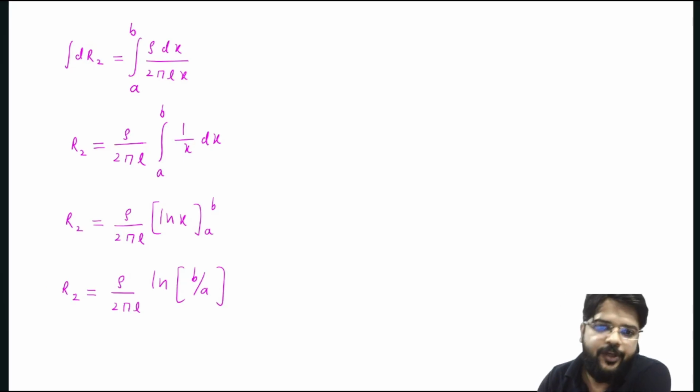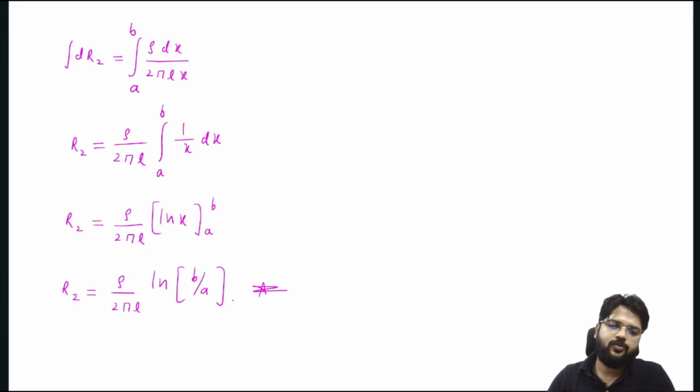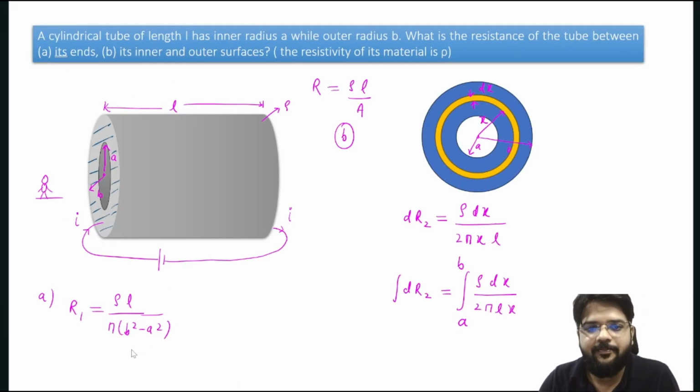Correct? If we put the limit, we will get log b minus log a, and log b minus log a can be written as log b by a. So this is the final answer. So across the ends we are getting rho by 2 pi L log b by a, and across the ends we are getting rho L by pi (b square minus a square). Note down everyone.